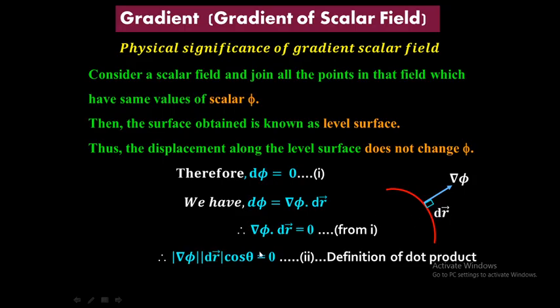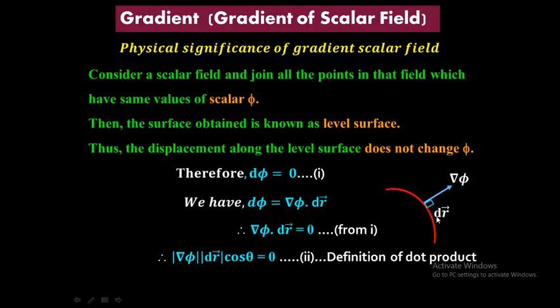By definition of dot product, a dot b is ab cos theta. Suppose this is the a vector and this is the b vector. So the magnitude of del phi times the magnitude of dr vector times cos theta is equal to 0, and here theta is 90.